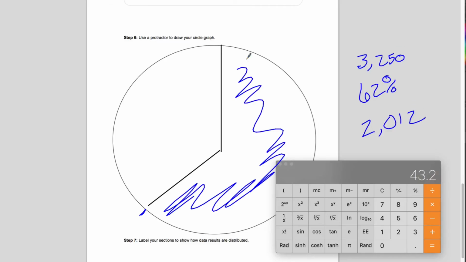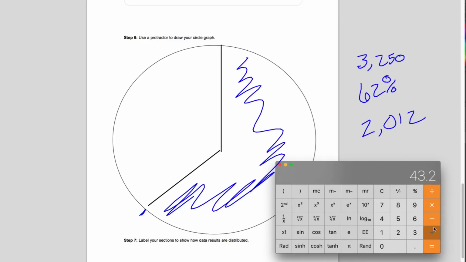All of this. And how much is that? That is 180 plus 43.2, 223.2. So my measurement would be 223.2 degrees. That's what I'm after right there.